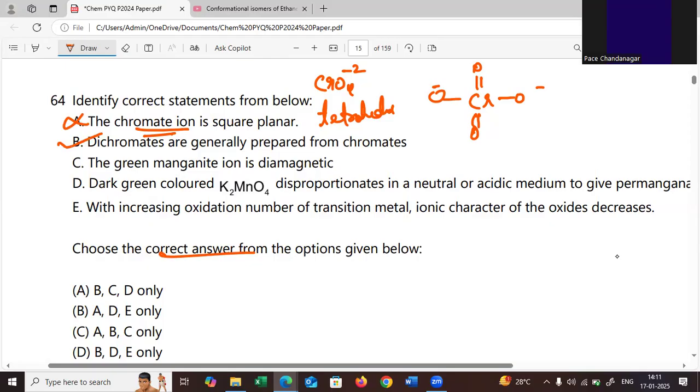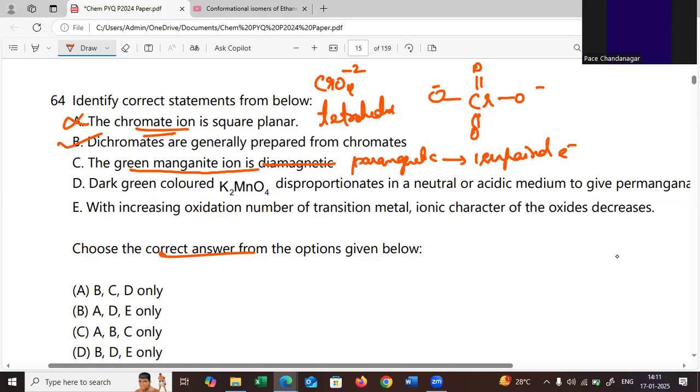Then dark green manganate ion is diamagnetic. No, dark green manganate ion is not diamagnetic. It is paramagnetic in nature, with one unpaired electron. Then dark green K2MnO4 disproportionates in neutral or acidic medium to give permanganate.